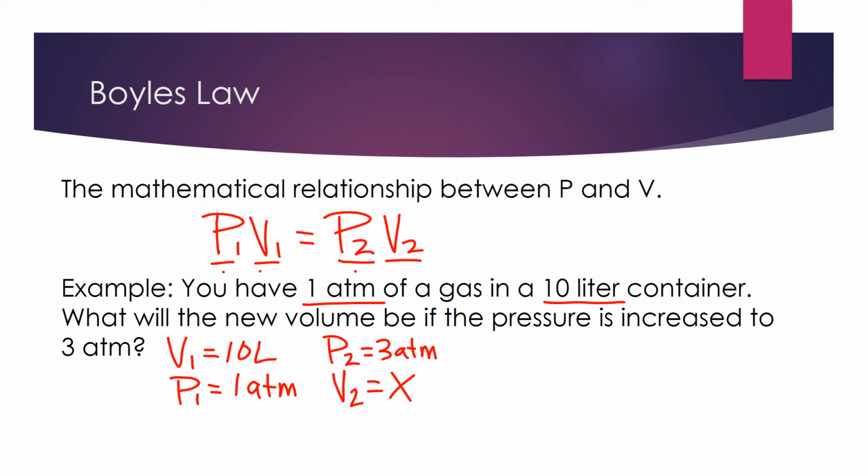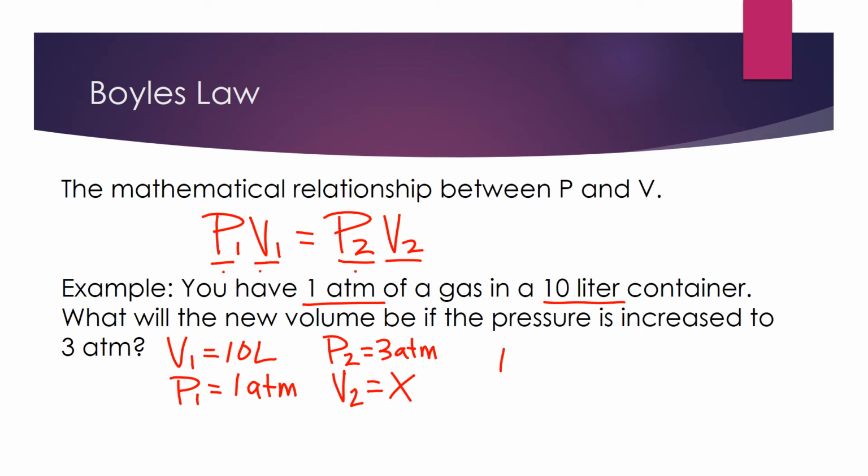Now, we know from the previous slide that if you triple the pressure, you're going to cut the volume down to 1/3. So before I even perform this calculation, I would expect my new volume to be about 3.3 liters. So let's go ahead and plug into our equation.